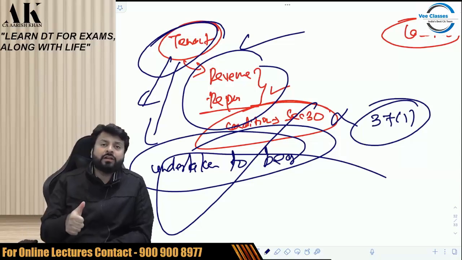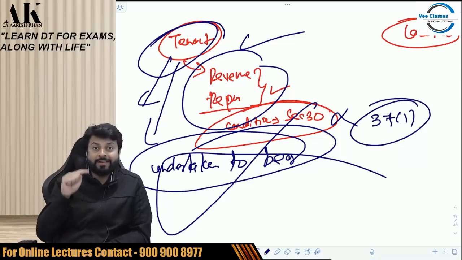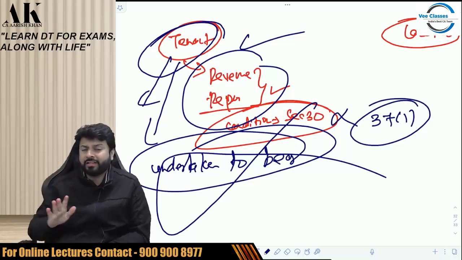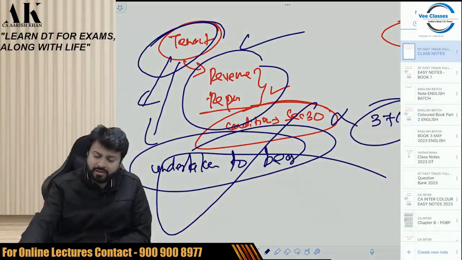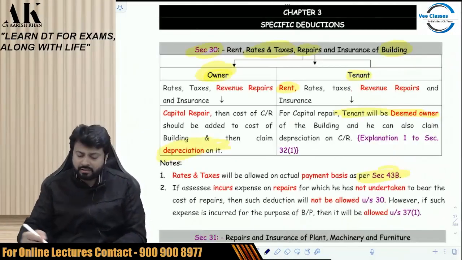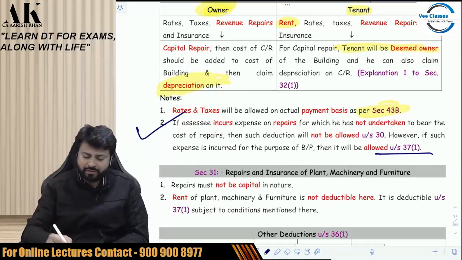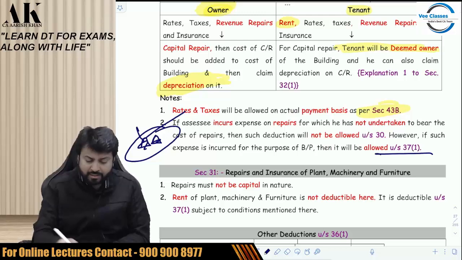So by default, if the tenant wants deduction under 30, then it has to be written in the agreement that the expenses will be borne by the tenant. But if it is not written, then he cannot get deduction under section 30, but he can get deduction under 37(1) subject to the conditions mentioned under 37(1), which have to be fulfilled. It's a very important point. Mark it down, please.